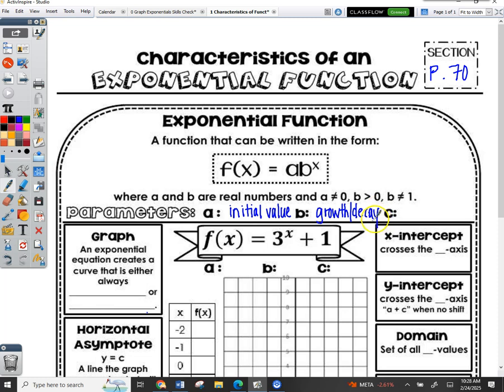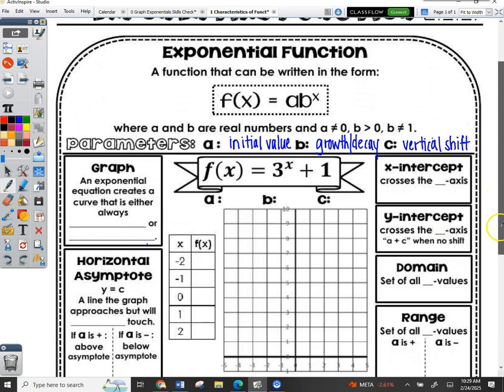It's one or the other. C, which there is no C over here, but as we practice, you'll start to see C pop up. C is your vertical shift. It's either going up or down.